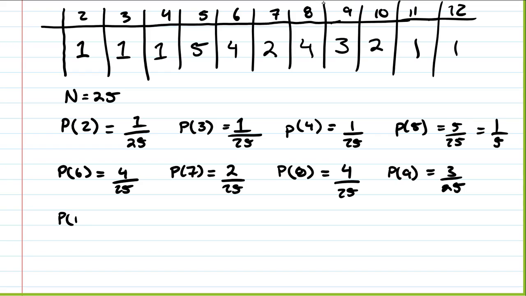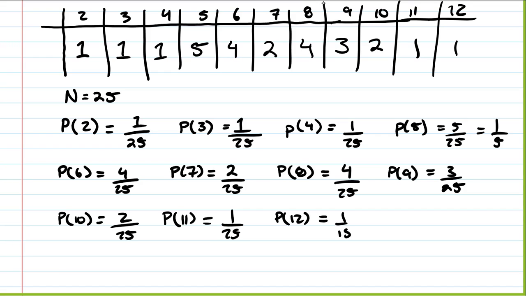The probability of rolling a 10 would be 2 over 25. And the probability of rolling an 11 is 1 out of 25. And the probability of rolling a 12 is equal to 1 out of 25. So those would be our estimated probabilities, right?